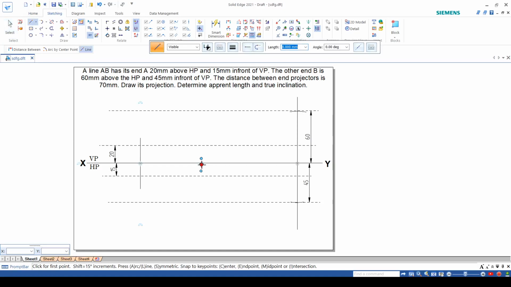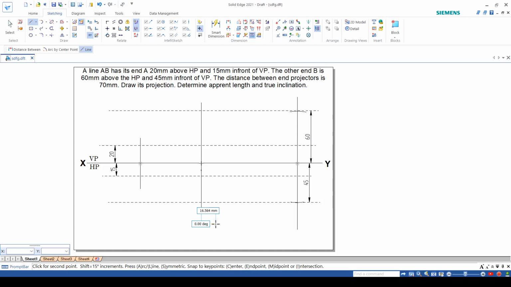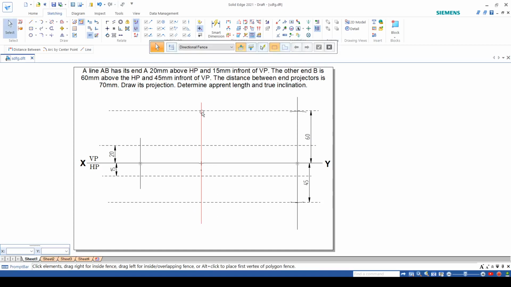Okay, so now this is the projector's line. This is the one of the end projector, and since this is a projector, we would just join these two projections with a thicker line.